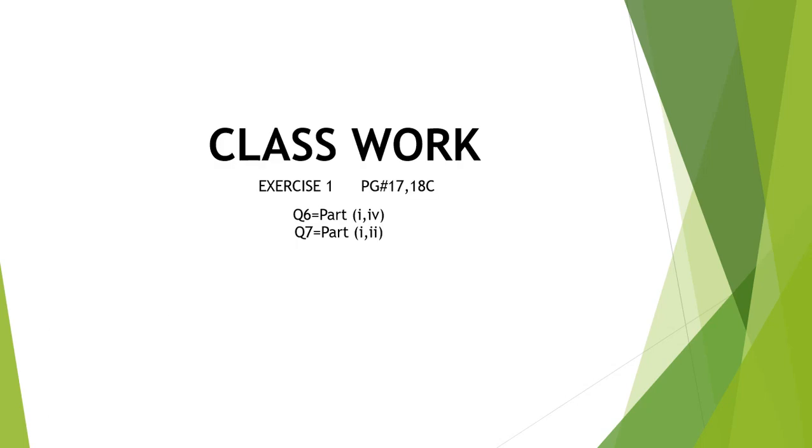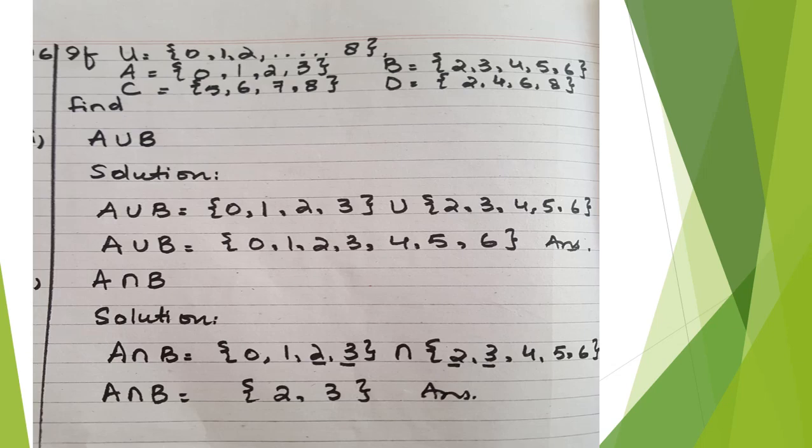Now your classwork. Your classwork is page number 17, question number 6, parts 1 and 4 you have to do in class, and page number 18, question number 7, parts 1 and 2. Now see here, I have solved question number 6 for you. I have solved only 2 parts for you, and that is your classwork which I have solved. A union B, you have to do the work just like this.